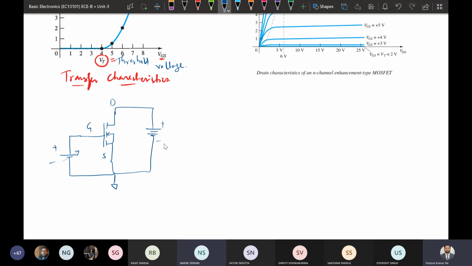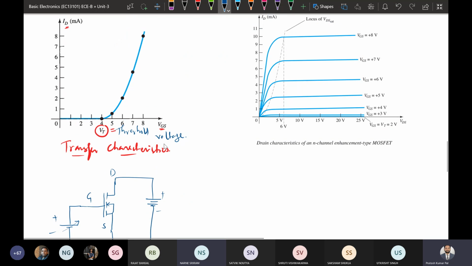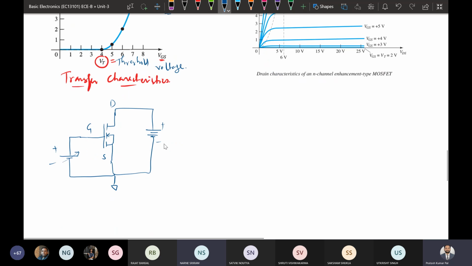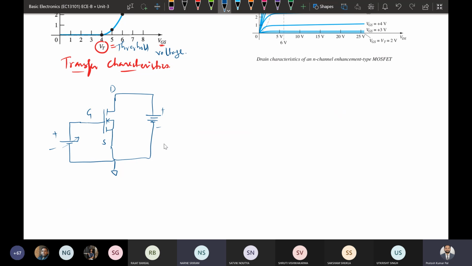At that time there is a drain to source voltage connected. As we increase the gate to source voltage, this plot is for a constant VDS. Suppose the VDS that we are connecting is constant, and now we are going to increase the gate to source voltage.